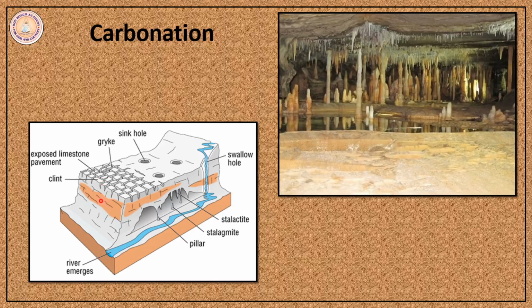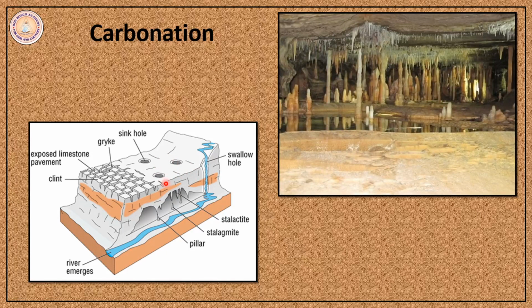You can see over here, this entire region is made up of limestone, and how water charged with carbon dioxide is gradually eating away the ceiling or the top layer of this rock.